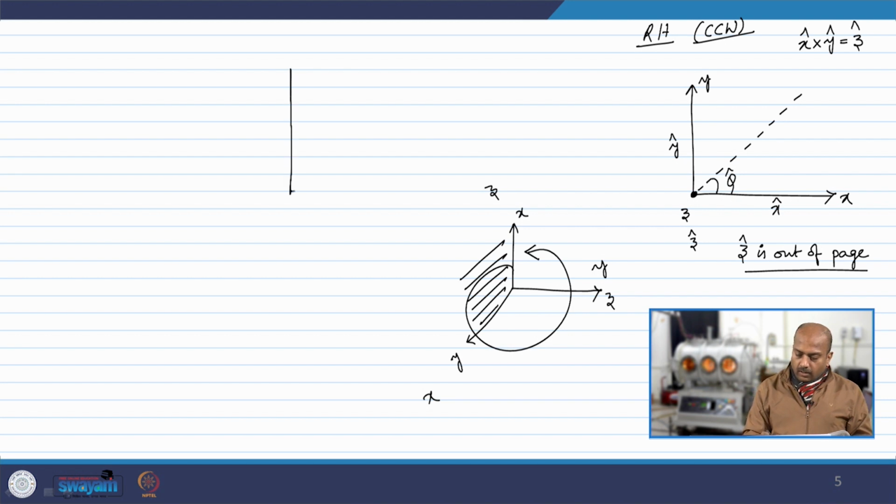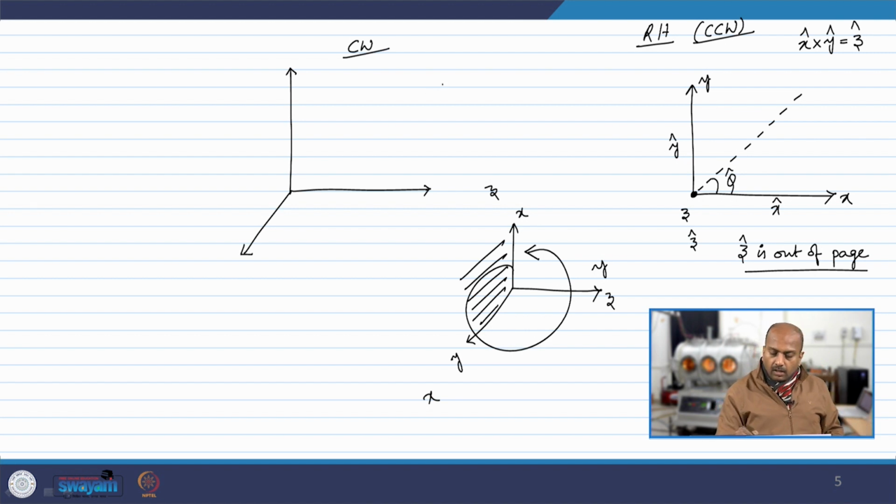Let's say we take this. So, in the left-handed coordinate system, the sense of x, y, z will follow the clockwise direction, meaning x cap cross y cap will be equal to minus z cap. This is the difference, right? So then I have to take this as, let's say, x.